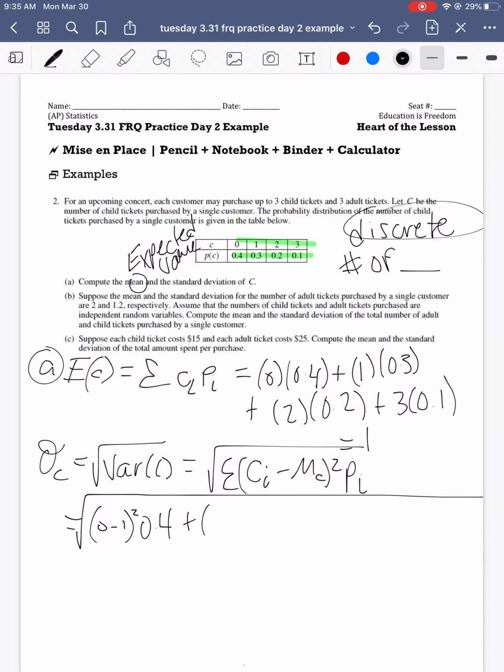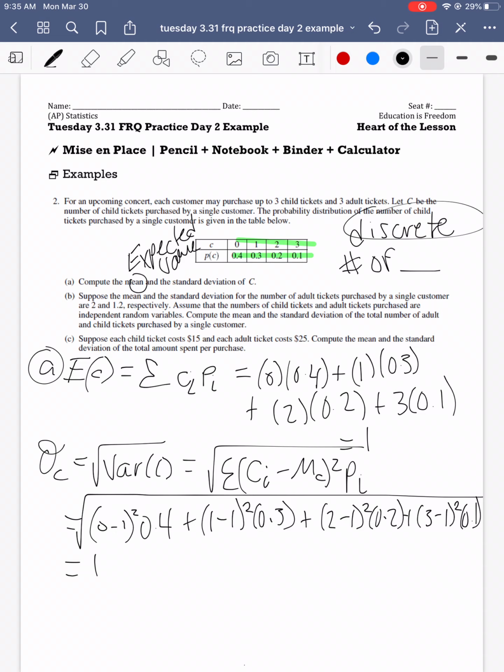So we have 1 as our next c value, minus 1 quantity squared, times 0.3, plus 2 minus 1 squared times 0.2, plus 3 minus 1 squared times 0.1. And if we calculate that out, we get a standard deviation of 1 again. So our mean and standard deviation here are both 1 for part A.